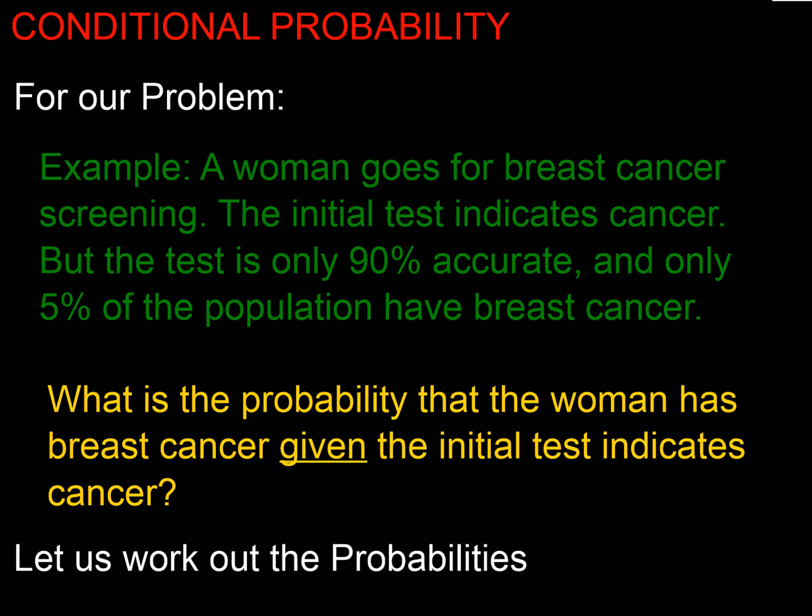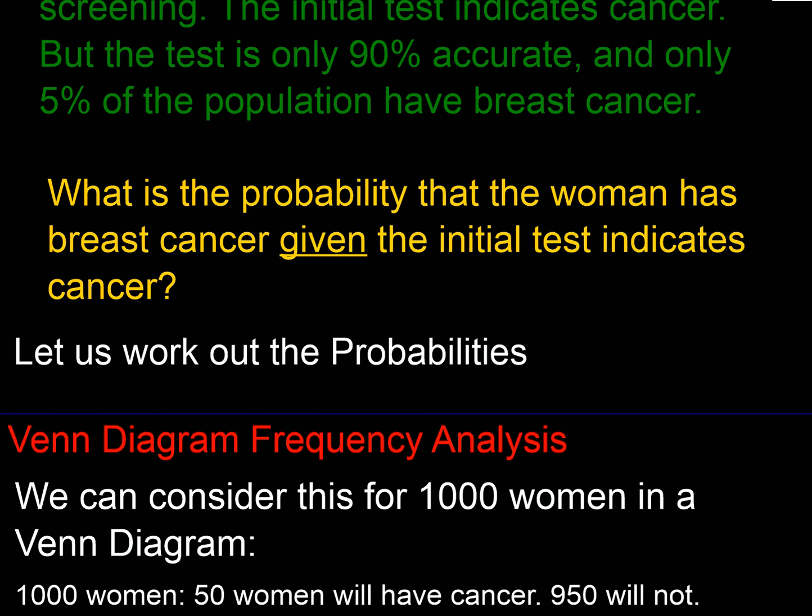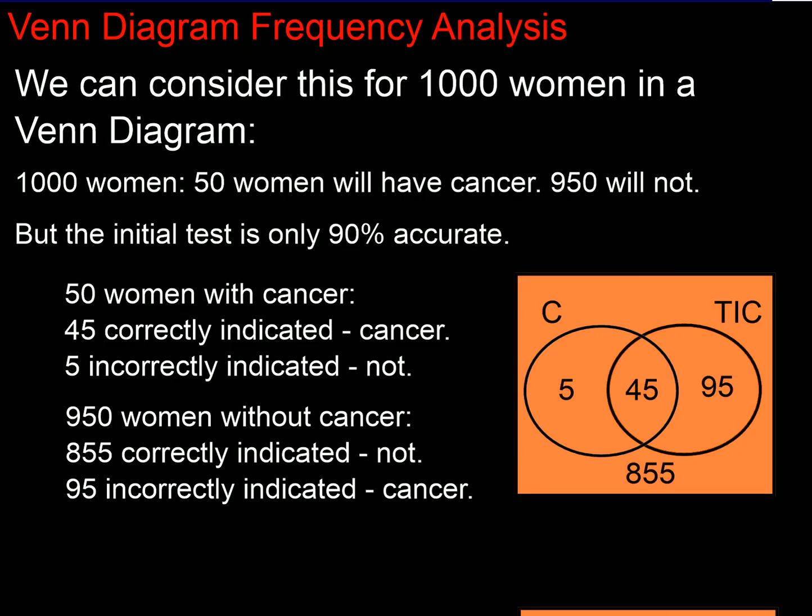So let's do the calculations for this example, and we're going to do it with a Venn diagram frequency analysis first because that's clearer. So let's start on the assumption we've got 1,000 women in our population. If 5% have cancer, that's 50 women with cancer and 950 who do not. If the test is 90% accurate, then for the 50 women, 90% of them are going to get the correct answer.